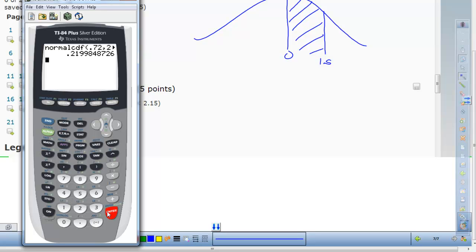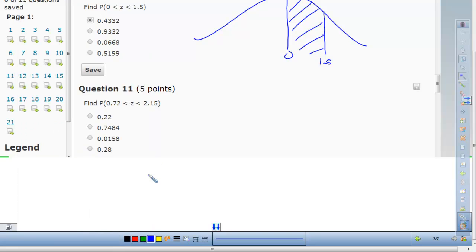And so we get 0.21998. So we're going to have to call that 0.22. Okay, so that's just testing, making sure that you either know how to use the table or the calculator.